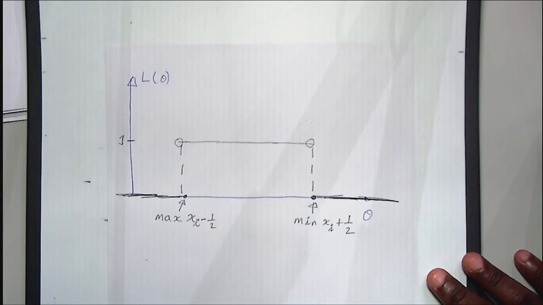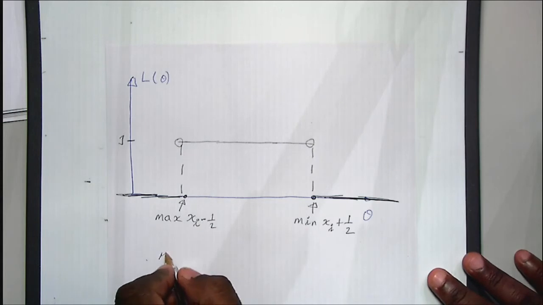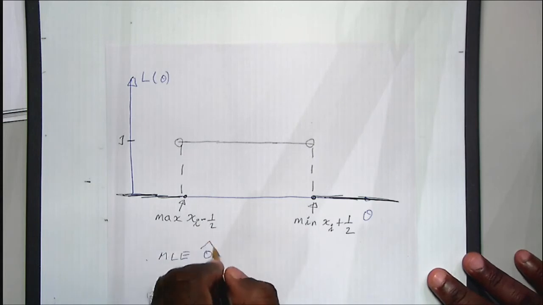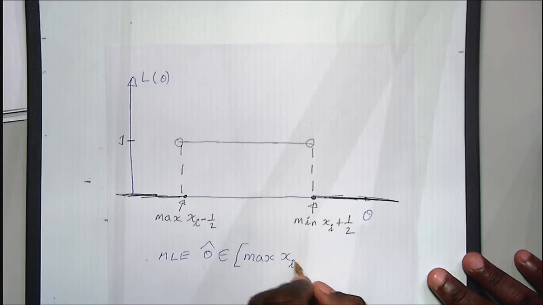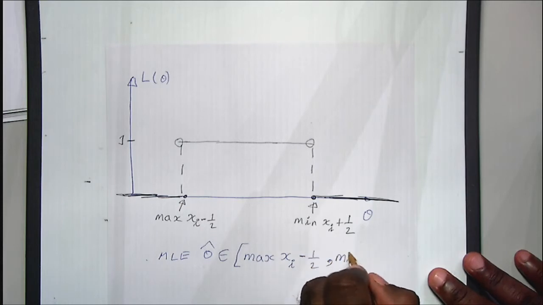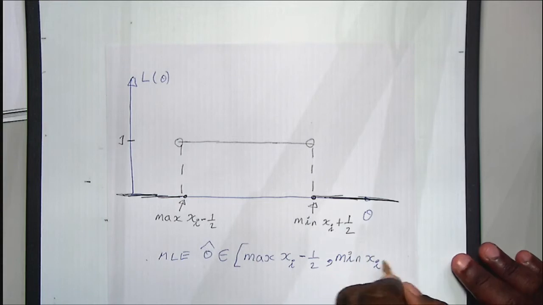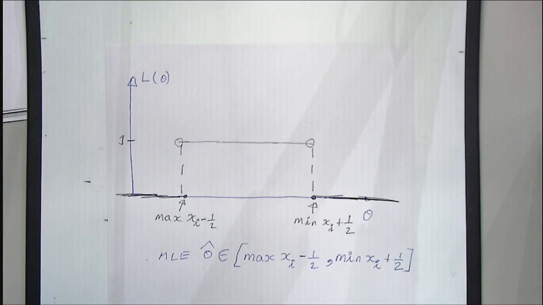So the answer to the question is that MLE of theta belongs to the interval from the max of xi minus a half to the min of xi plus a half.